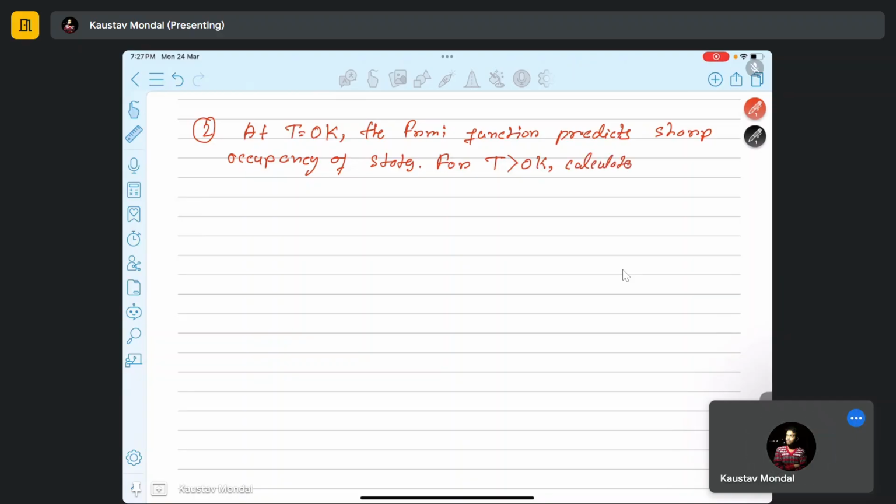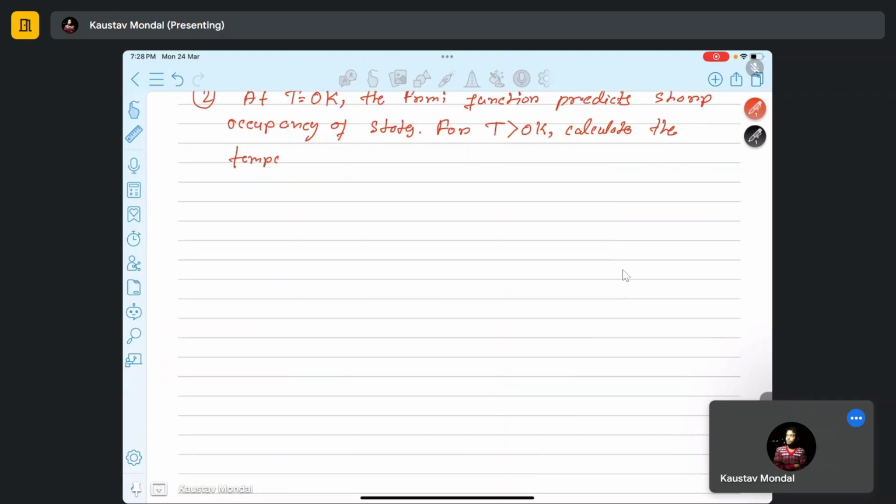Calculate the temperature at which the probability of a state above EF equal to 6.0 electron volt is 10%.